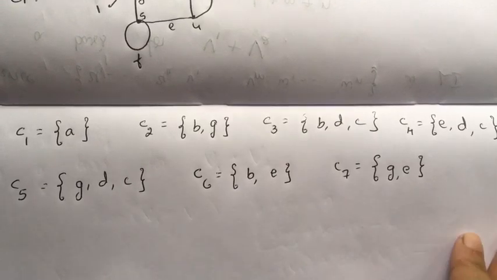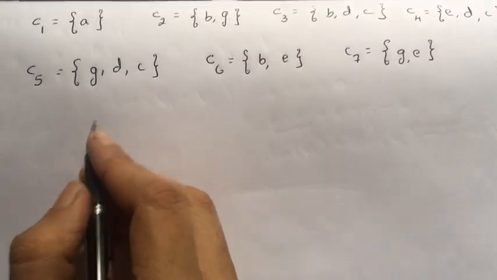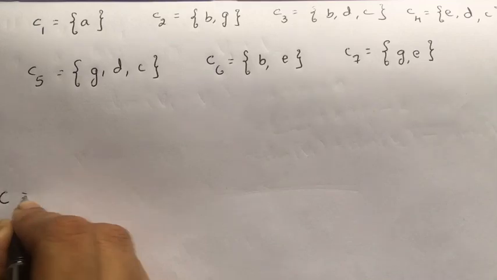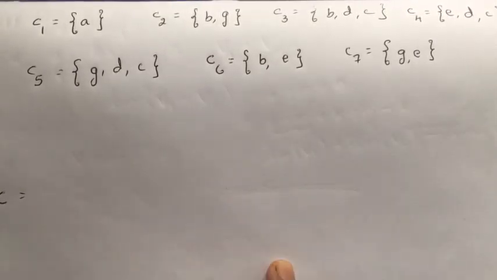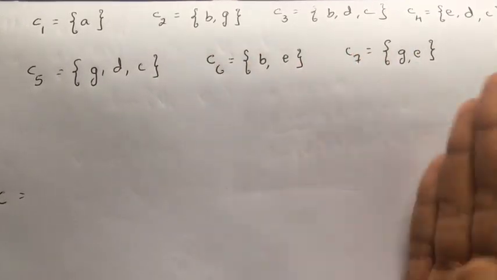Let us write the cutset matrix C, which has cutsets along the rows and edges along the columns.